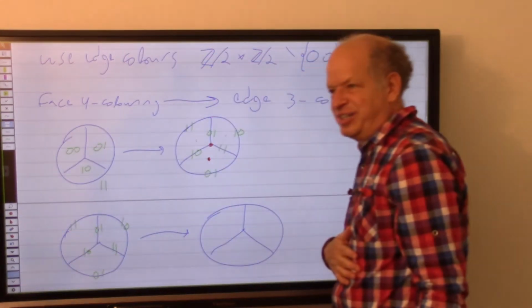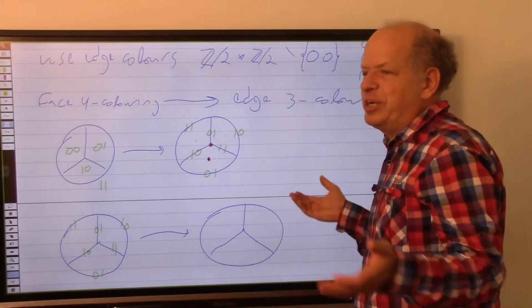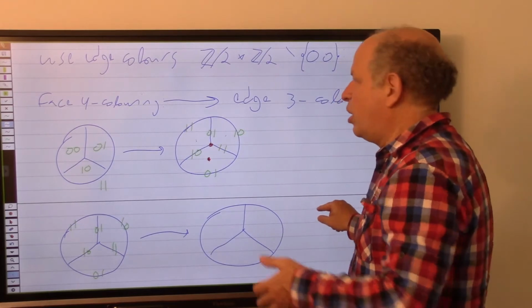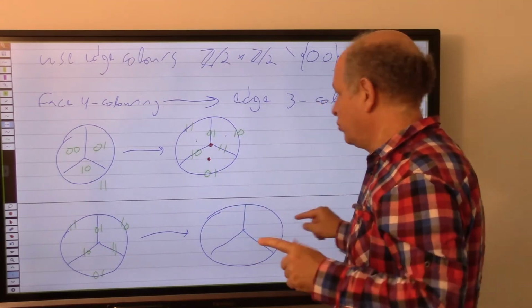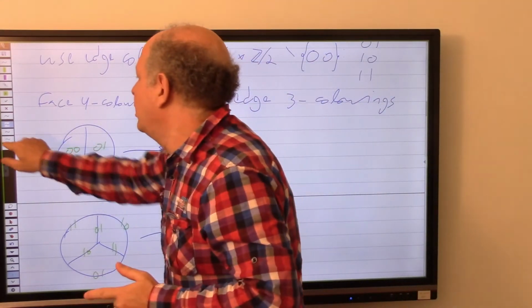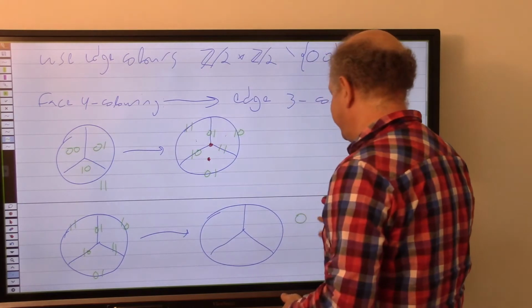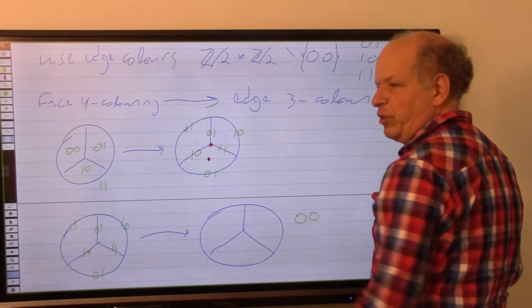written on the edges? Well, the first face I choose arbitrarily. So the face at infinity I color randomly. There are 4 possibilities. So the face at infinity I will color, let's say, 0, 0. Okay? But anything that I start with will work.